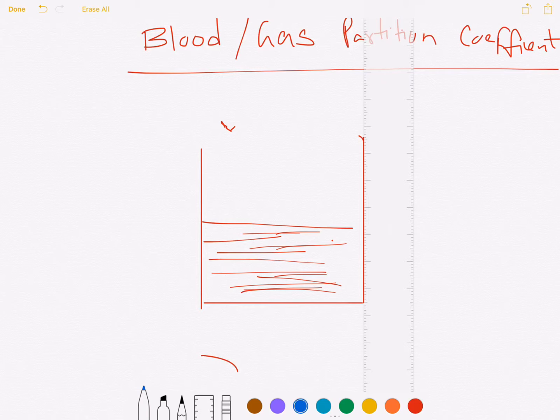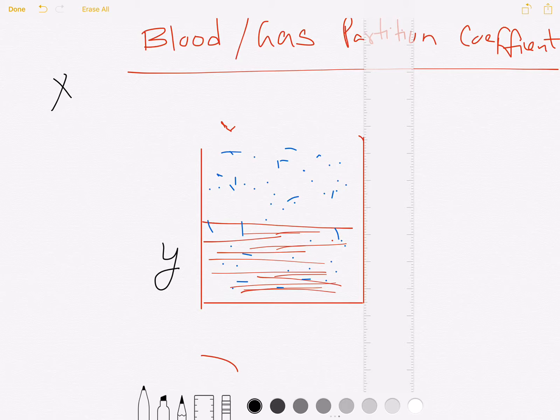Let's say the gas is blue. So when equilibrium has been reached, let's say the total amount of gas you put in the container is X. Some part of the gas, let's say Y, would dissolve in the blood.